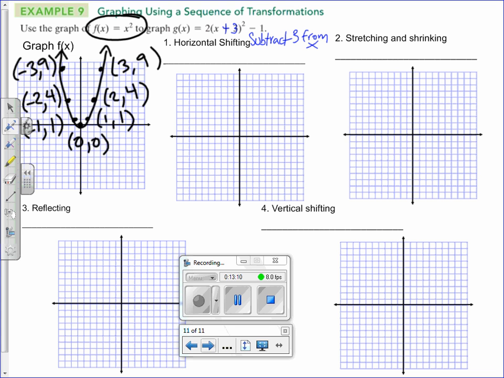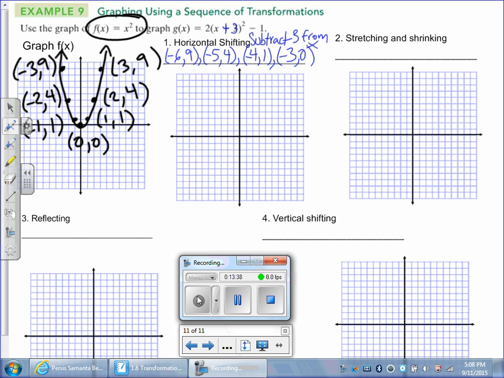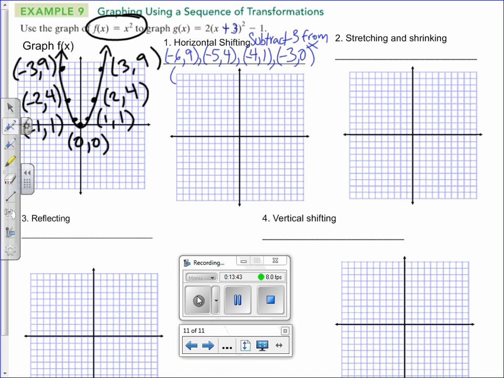So what I'm going to do, let's go ahead and list the points here. So if we subtract 3 from every x, we will have -6, 9, -5, 4, -4, 1, -3, 0. Our next point, 1, 1, will turn into -2, 1.